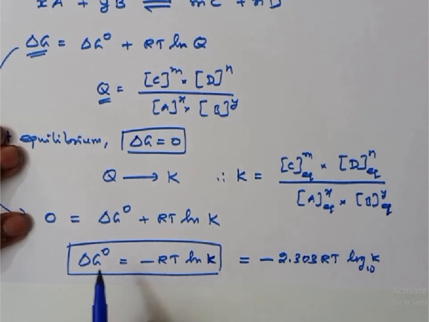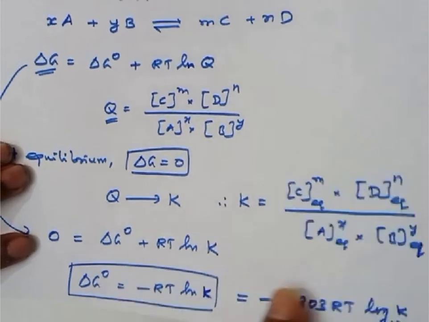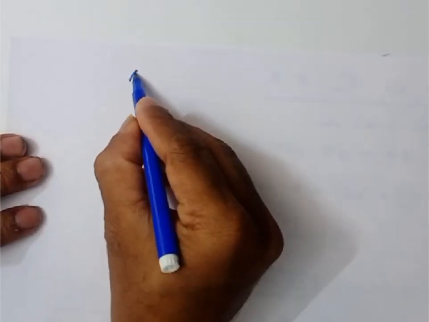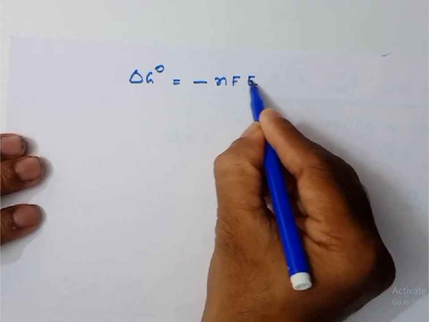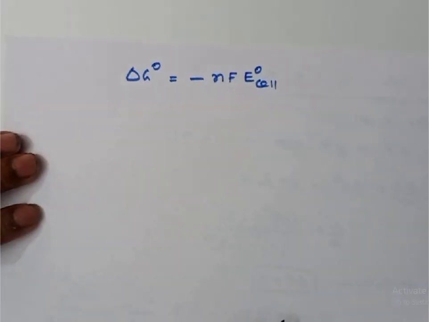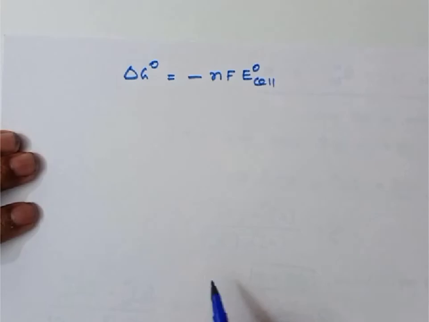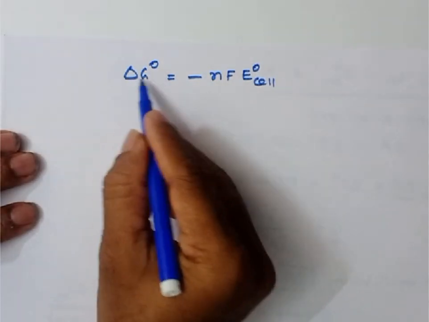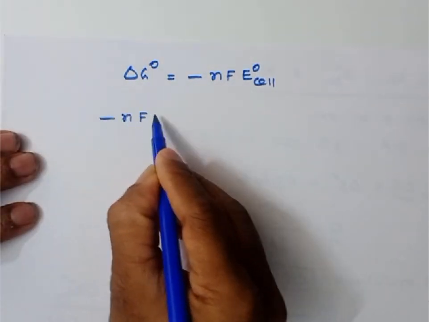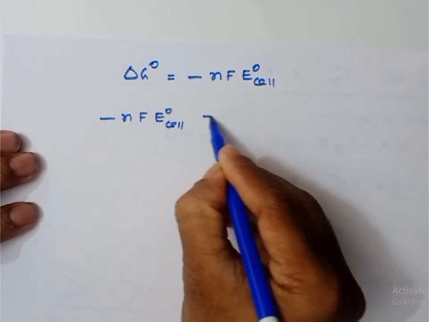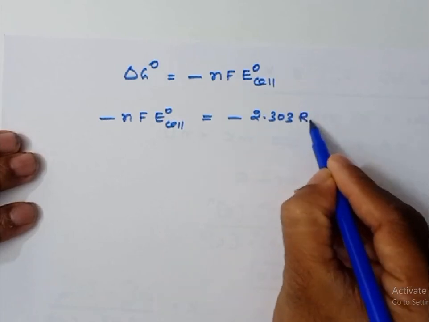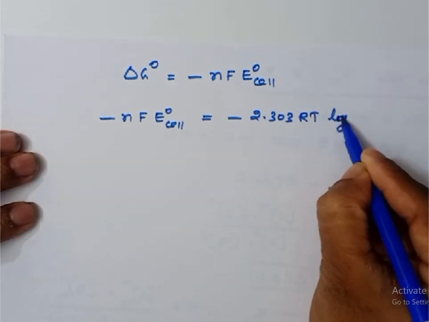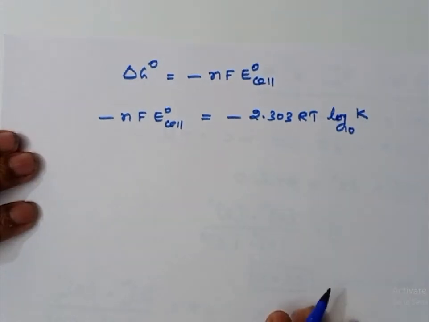Then we also know that delta G naught has a relation with E cell, or E naught cell. What is the relation? We know very well. Delta G naught equal to minus nF into E naught cell. Therefore, the above equation becomes, in the place of delta G naught I'll put minus nF E naught cell equal to minus 2.303 RT log base 10 equilibrium constant.